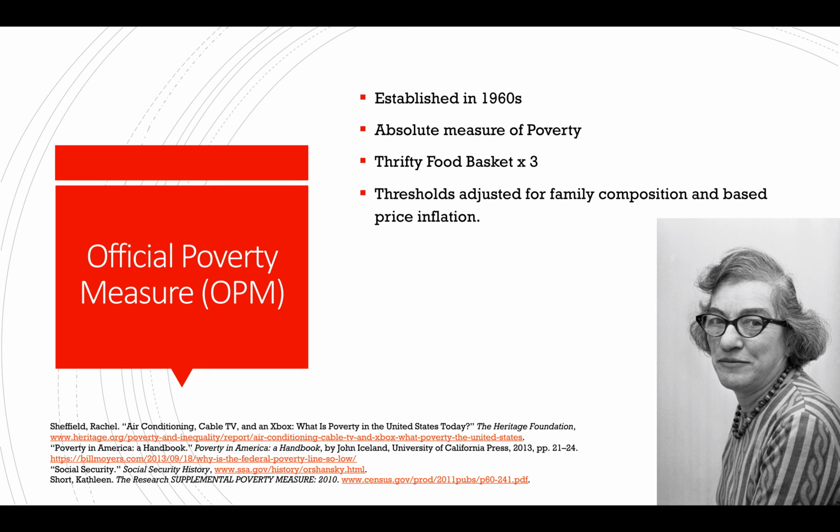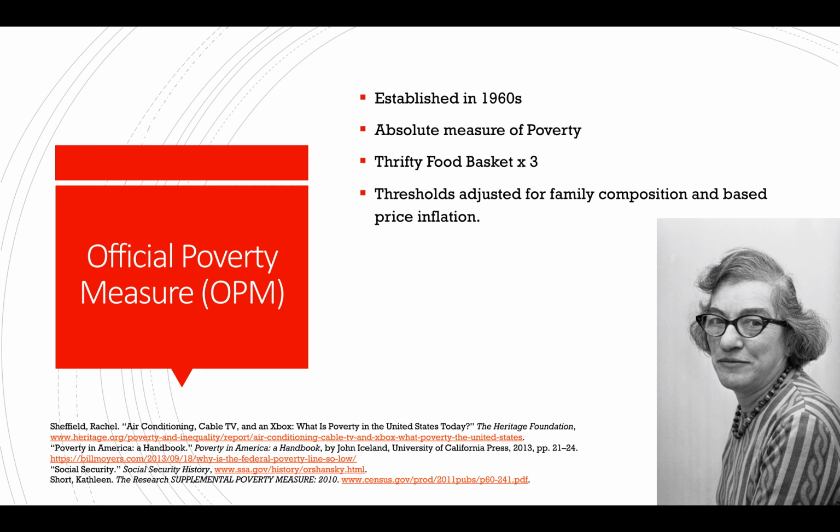In their findings, they reported that the OPM was flawed due to the measure not reflecting key government policy, not accounting for rising standard of living since the 1960s, not accounting for variation in non-discretionary expenses, variations in medical out-of-pocket cost, ineffective accounting of family situations, and not adjusting for geographic differences, which could mean higher rent or more expensive food, and not including in-kind benefits such as food stamps.